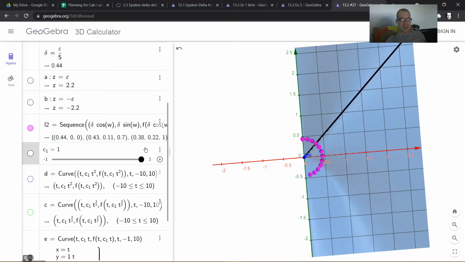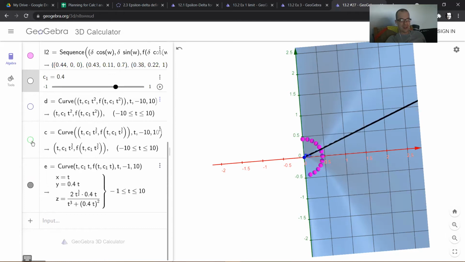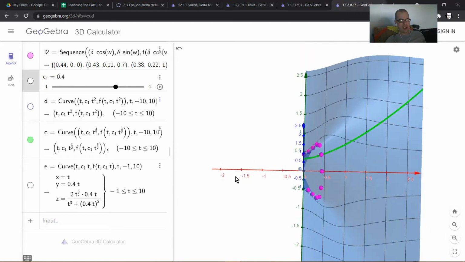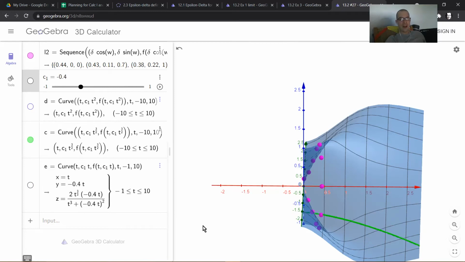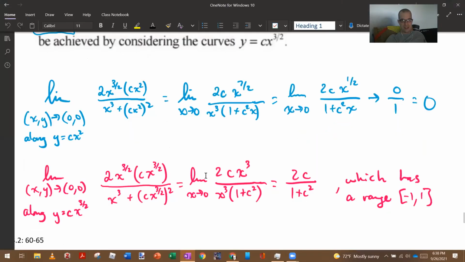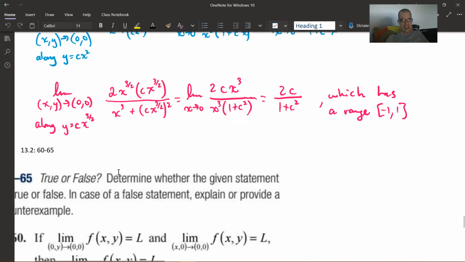So you'd come to the same conclusion if you were just trying a bunch of lines of different slopes. You really need to pick out this special kind of curve that makes the numerator and denominator have the same degree.